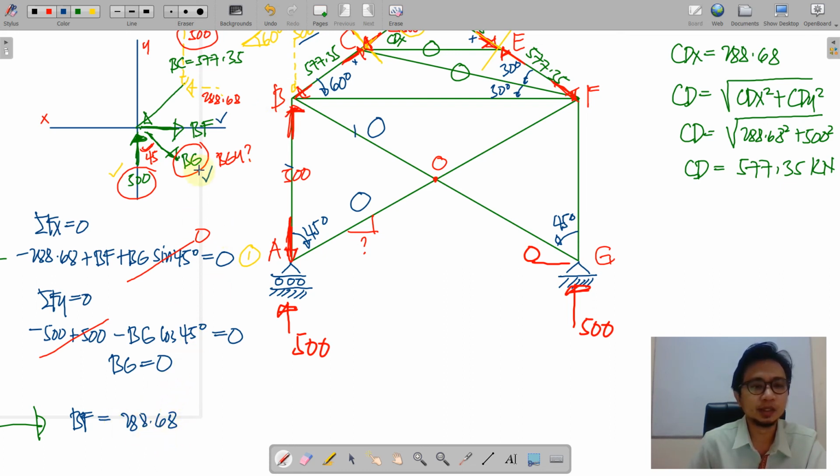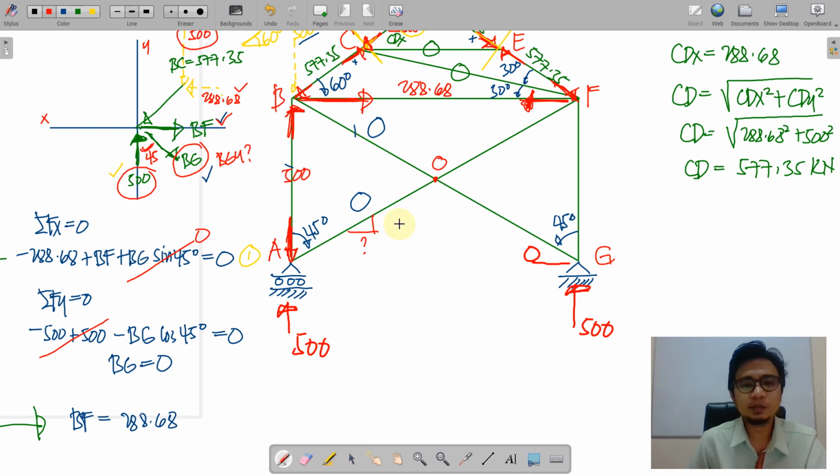This time it is going rightwards. So as you can see, 288.68 leftward here as a component of BC is being countered by BF going rightwards. Hence, we can place it here, equivalent to 288.68. That is a tensile force for BF.